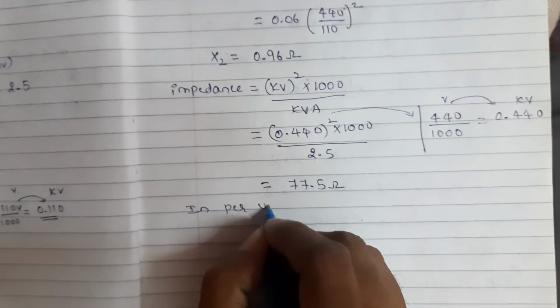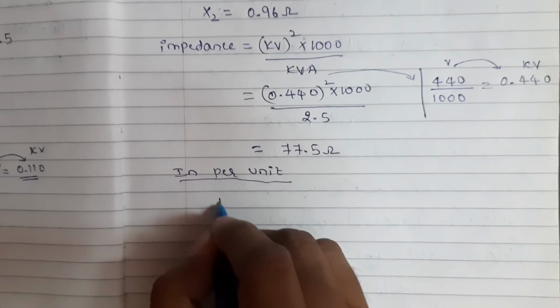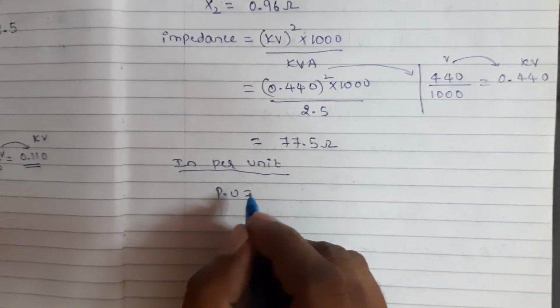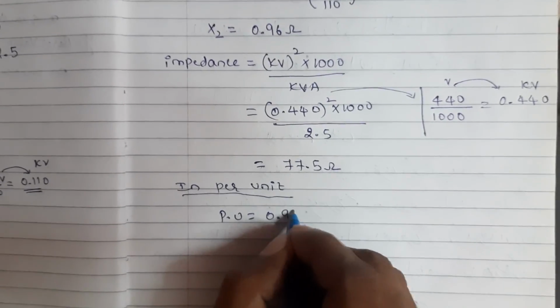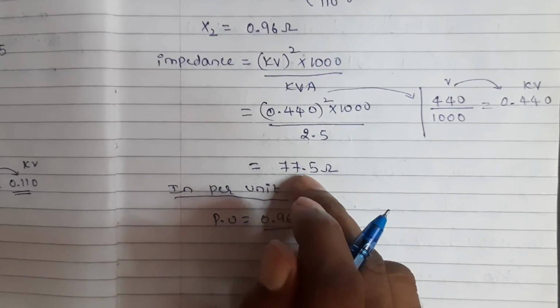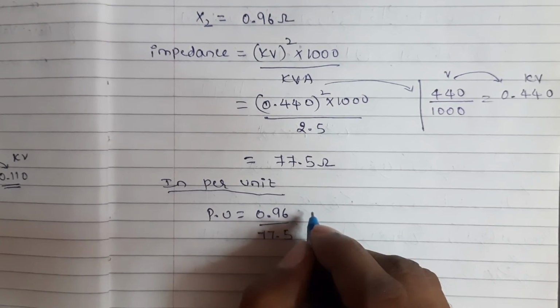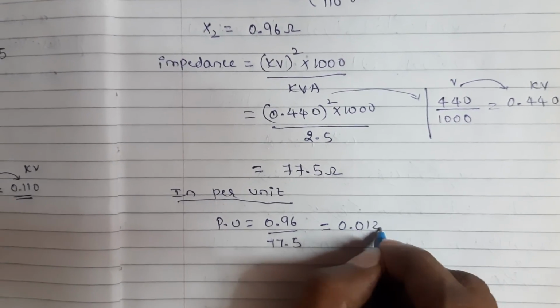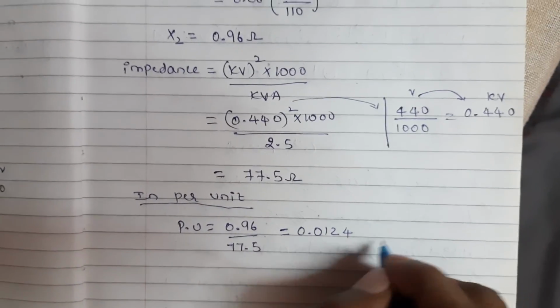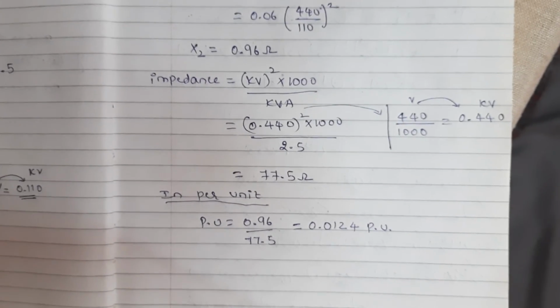Now per unit: the actual value is 0.96 ohms and the base value is 77.5 ohms, so we get 0.0124 pu. This is the example to find the per unit value.